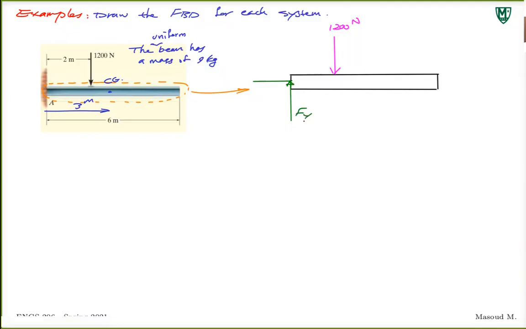Fy, Fx, and the moment in this direction. Moment at point A. It's better to refer to it since it's connected to the wall at point A. So it's better to say Ay as a force and Ax. And this is 3 meters away from this point. 2 meters, sorry. Okay, what else? Anything else left or are we good?